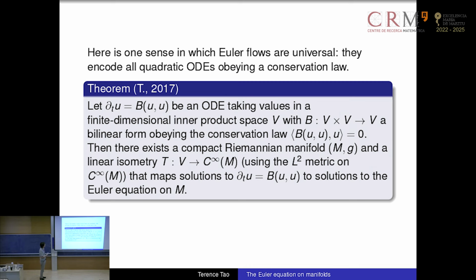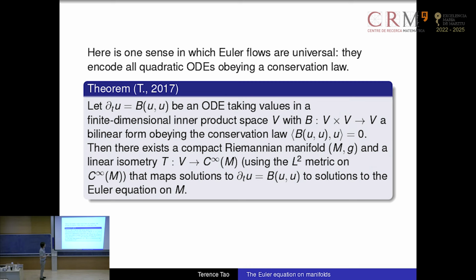So if you take any quadratic ODE, where u is now not a divergence-free vector field but lives in some finite dimensional vector space, you can't take one that would blow up in finite time, like dt equals u squared.